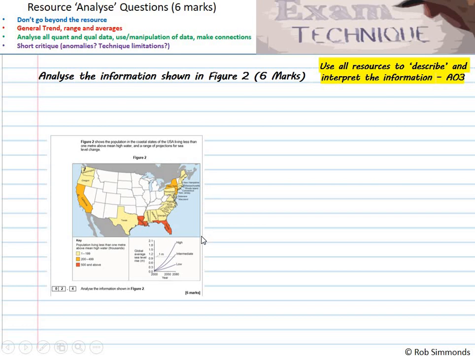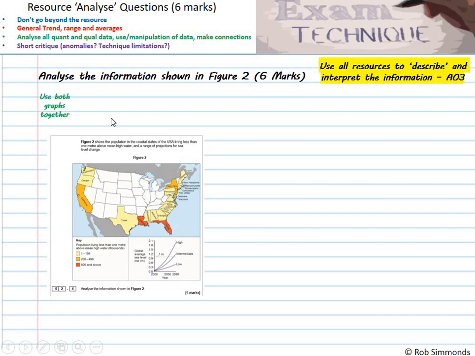The other really important element that lots of students miss is the line graph that is showing the projections. It says up here, projections for sea level rise up to 2080. There's a high, an intermediate, and a low. So this question, analyse the information shown in figure 2, is asking me to use everything I can see to describe and interpret the information that's present.